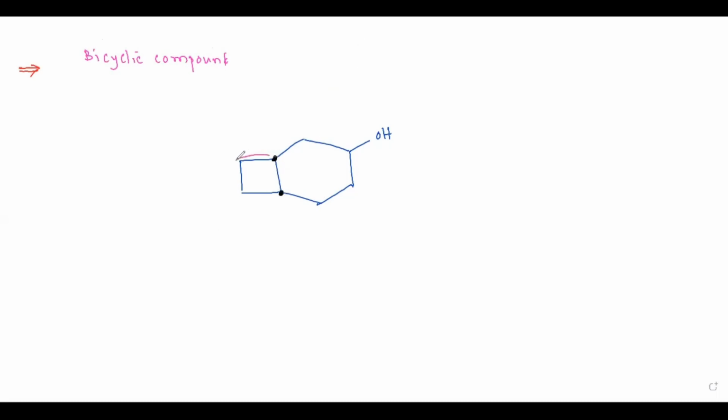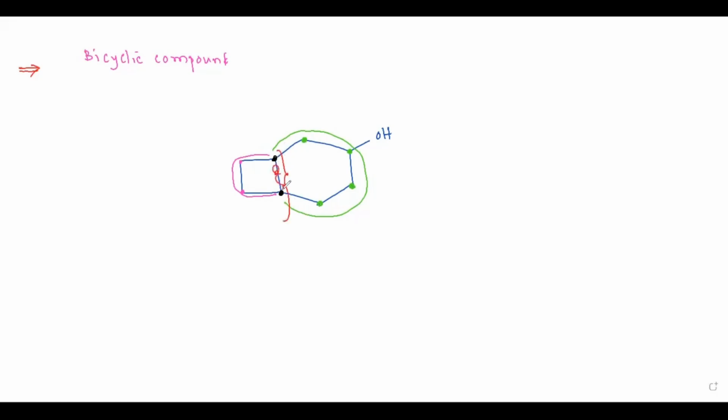Look at this. This is one bridge consisting of this carbon and this carbon. Next, this is another bridge consisting of this, this, this, and this. 4 carbons. Second bridge. And there is, of course, a third bridge also. Yes, this is a third bridge, the one that is going along this.